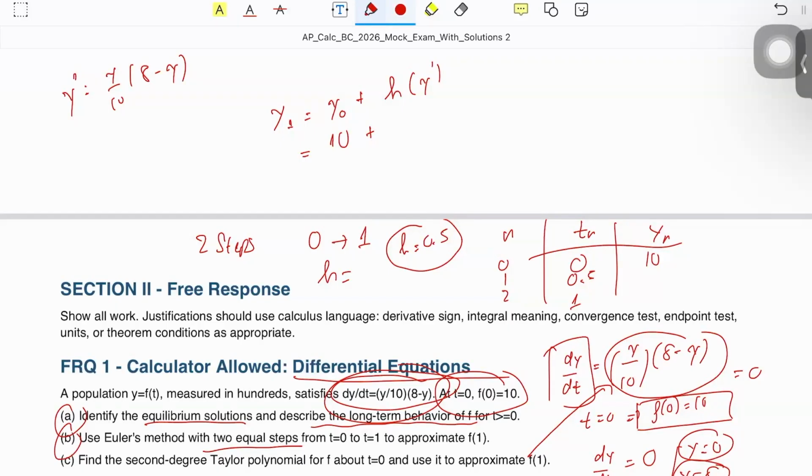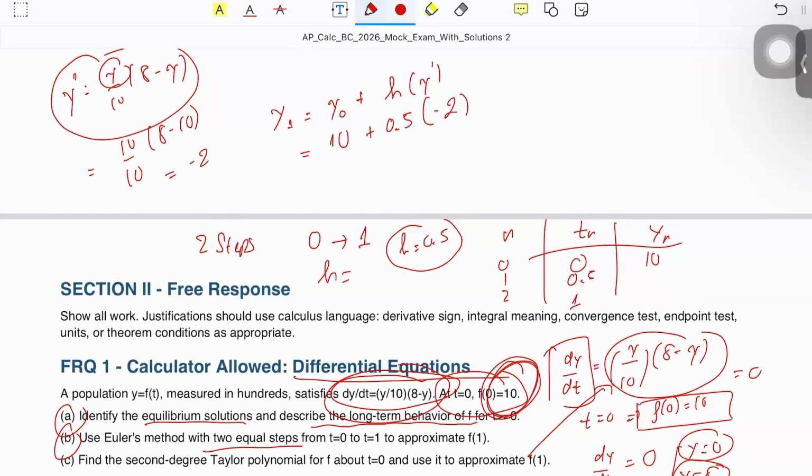Then you calculate y prime using the formula: y is 10, so 10 over 10 times (8 minus 10), which is negative 2. Multiply by 0.5, which is 1 half, so negative 2 divided by 2 is negative 1. So the answer is 9. I'm going to fill in 9 here.